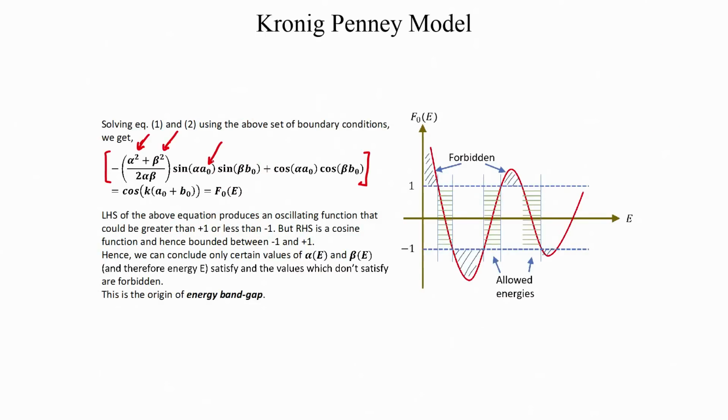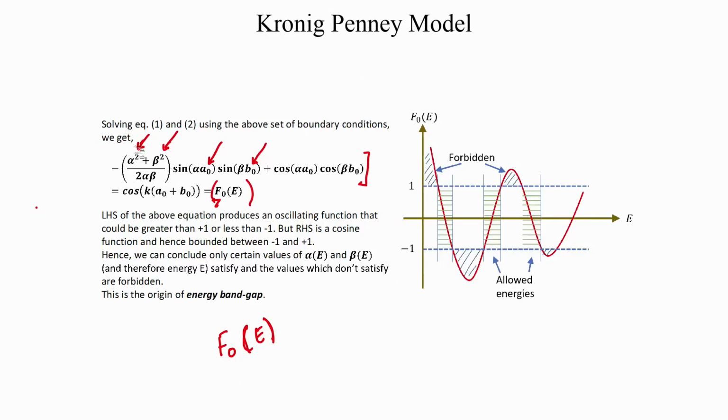A naught is the width of the potential well, b naught is the width of the potential barrier, and therefore, this entire term in brackets is a pure function of energy, which is denoted by this function f naught of e. So, we will define a function f naught of e, which is basically this expression here, and it's a function of energy.